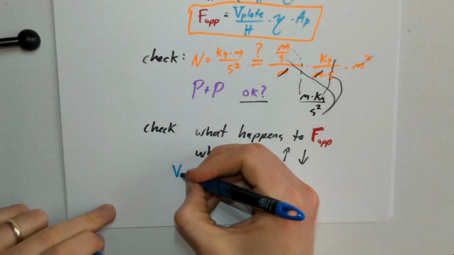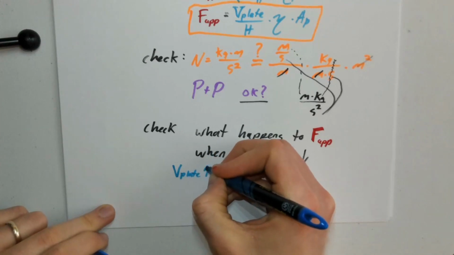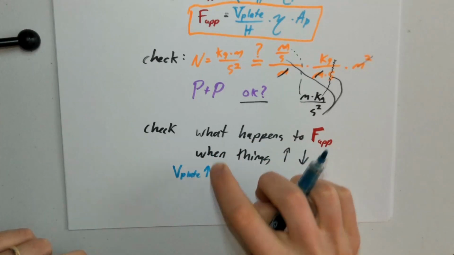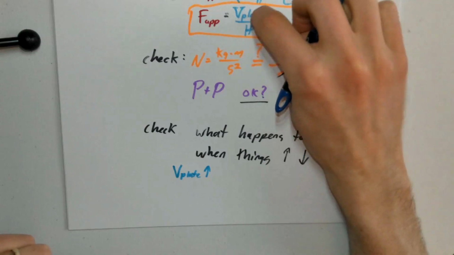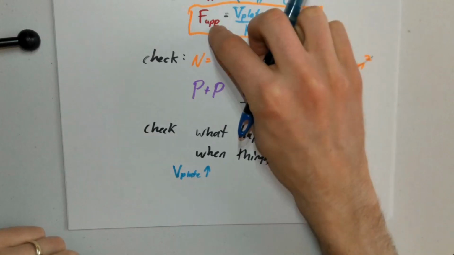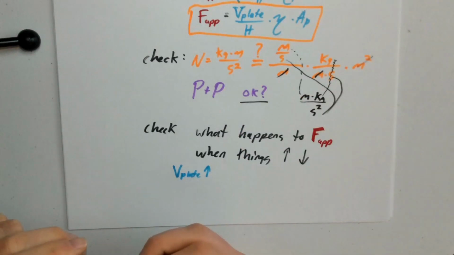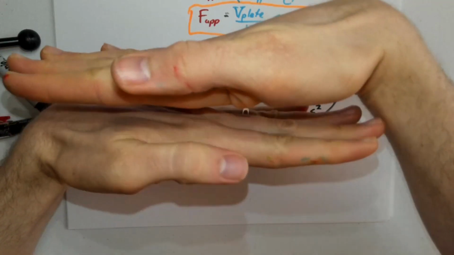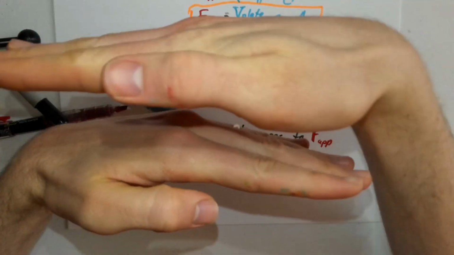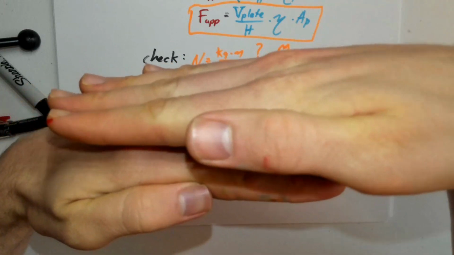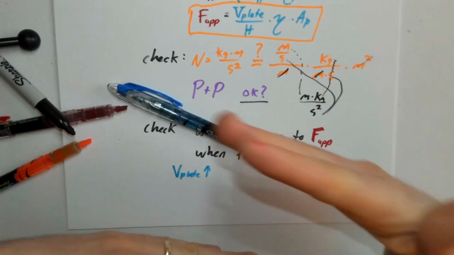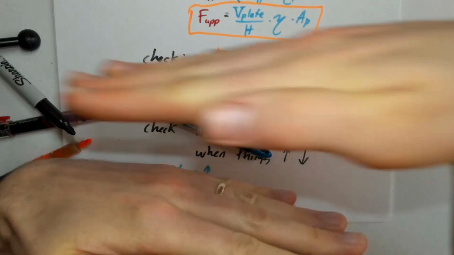So if V plate goes up, what happens to our applied force? Well, if the velocity of the plate is bigger, then our applied force also increases. And this makes sense, right? If I'm trying to drag my top plate very quickly as opposed to just barely moving it at all, it makes sense that it's going to require more force to deform the liquid more quickly.